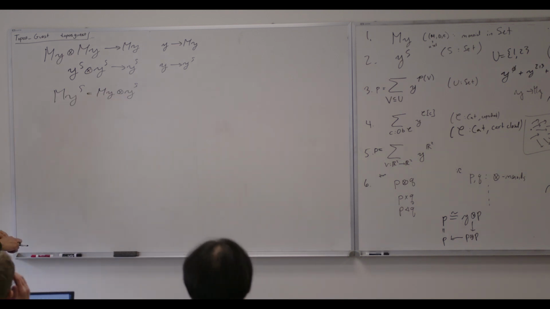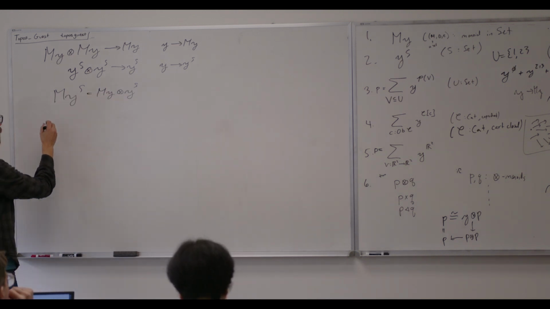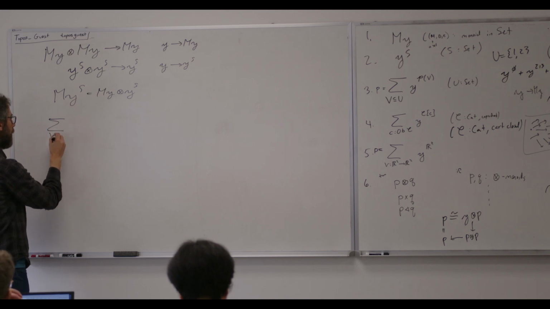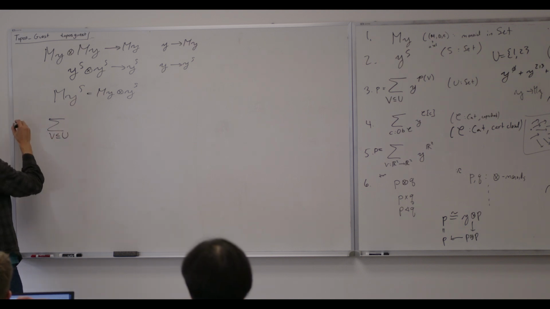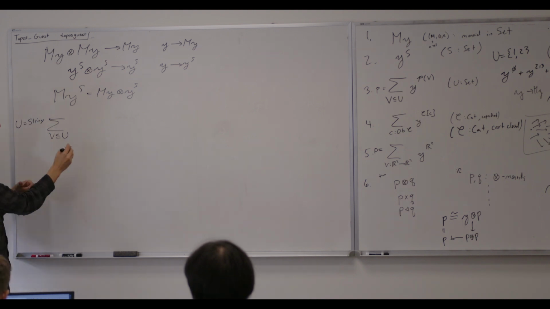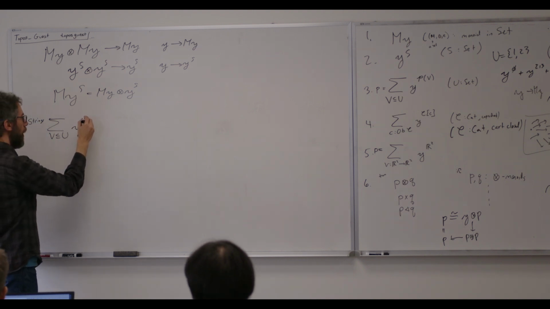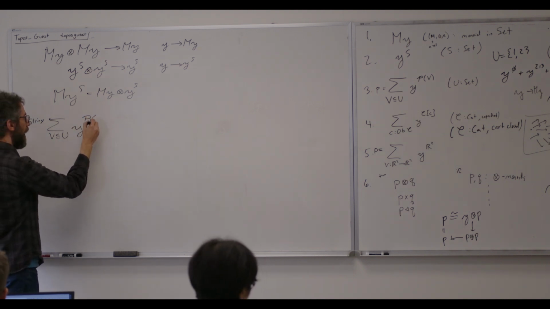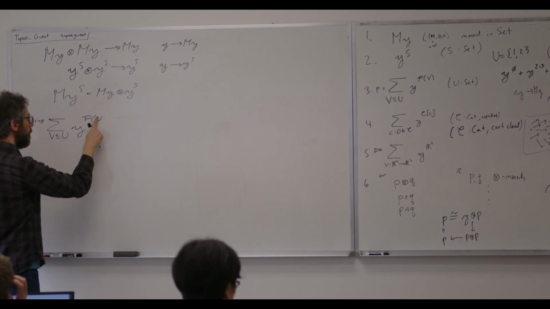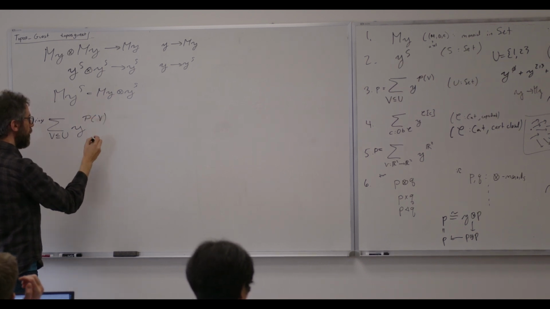So let's do the third one. Someone comes to us. We have a set U. Let's say U is the set of all strings. And then we have this power set of U here, power set of V. Okay, some people didn't know the symbol.